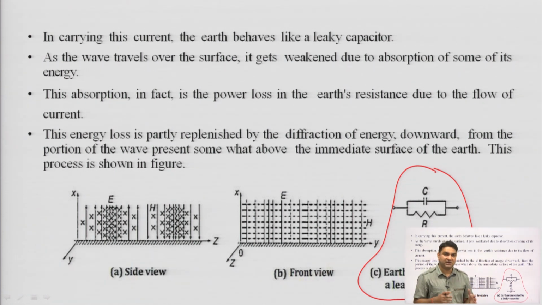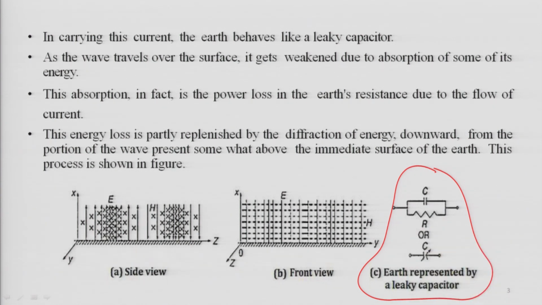This is known as the ground loss. When surface waves or ground waves propagate above the earth's surface, some of the signal's strength is extracted by the ground and shown in the form of ground loss.